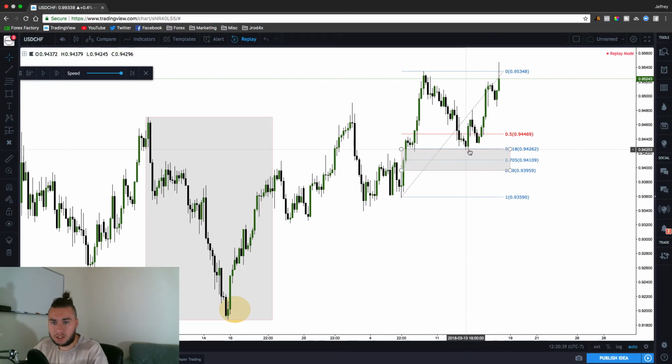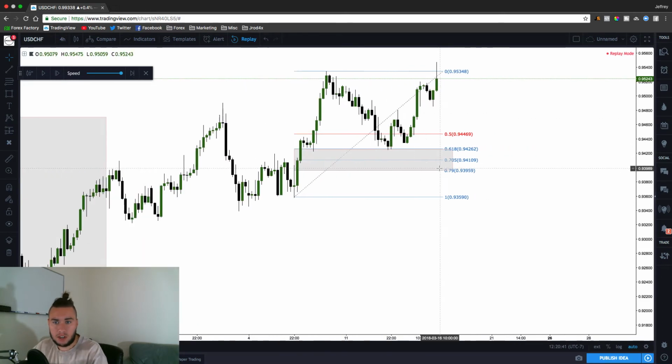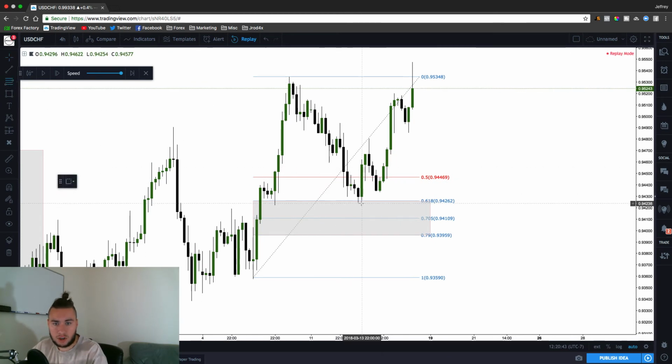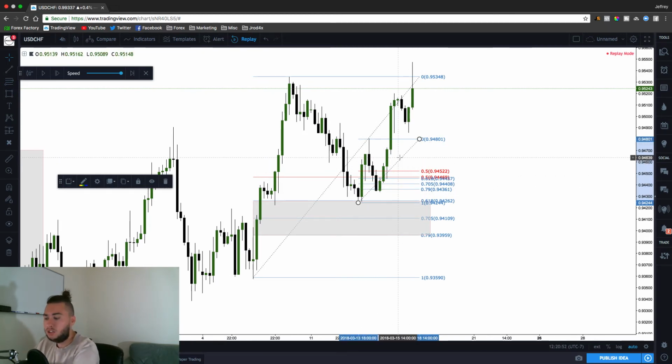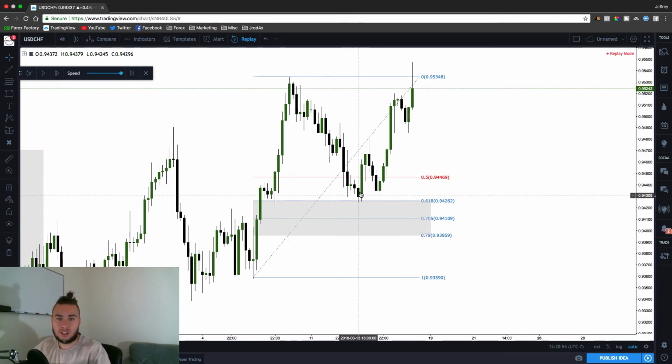So if you missed the first entry here, what you could have done is you could have actually drawn your fib on this lower swing right here, and you notice there was an entry right here at 79%. So you can use it after structure's been broken or in shorter little pullbacks and retracements like this to get the best entries.